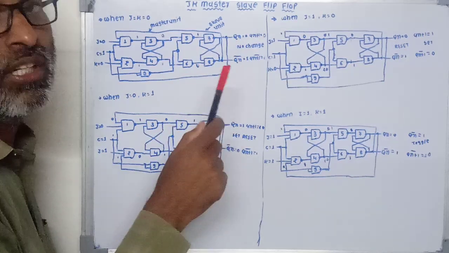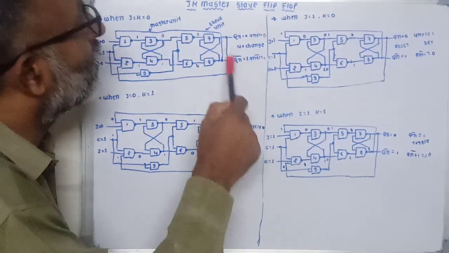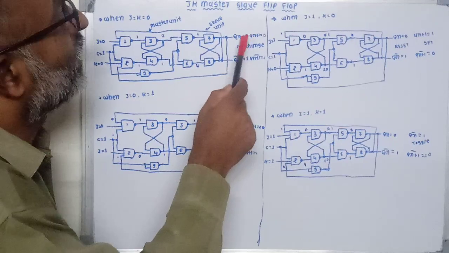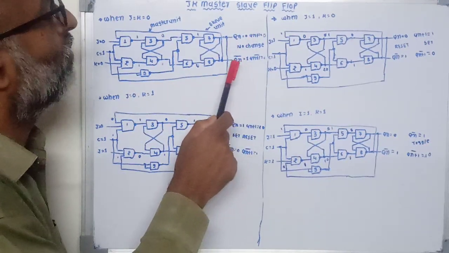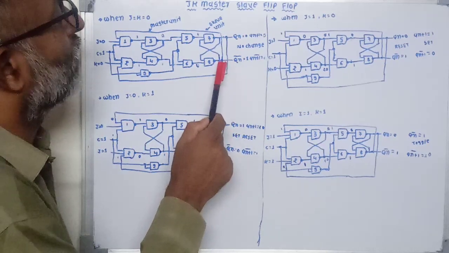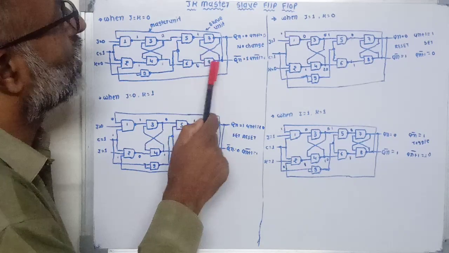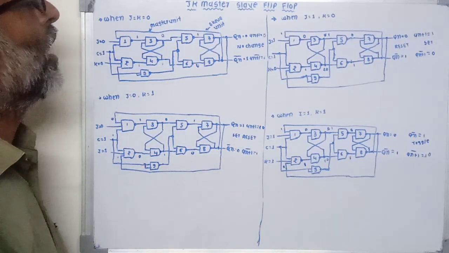Now suppose the initial condition of the output of the flip-flop is in reset condition. That means Qn is equal to 0 and Qn bar is equal to 1. So here 1 into 1, 1, 0, 0 into 0, 1. So here you can say that there is no change in the output.